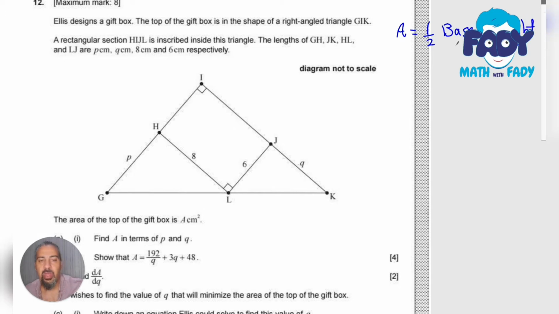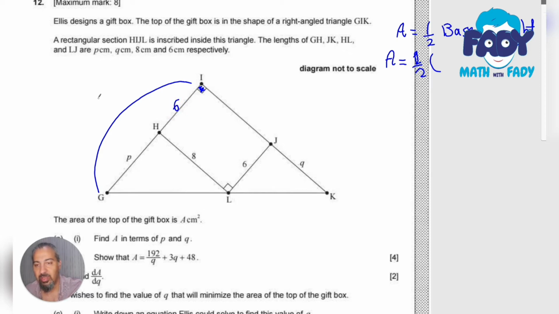We can use this formula because here we have a right angle triangle. So one side will be the base, the other side will be the height. Here, these two sides of the right angle triangle. So we would write area equals half bracket. This side, because JL is 6, so this is also 6.